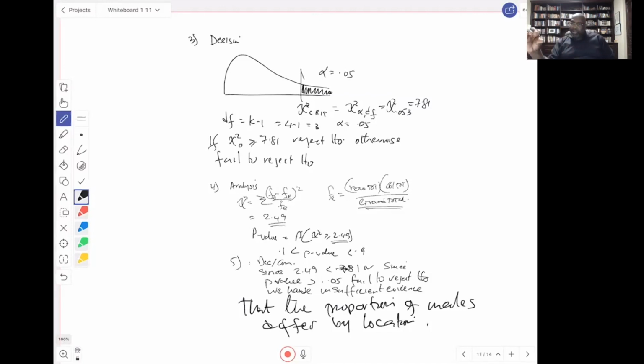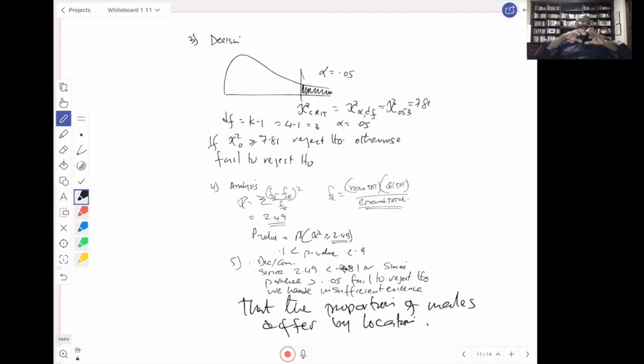So you have an overall proportion for males multiplied by each sample, and you get the expected number of males in each. Then you have the overall proportion of females multiplied by each sample, and you get the expected frequency for females for each of these samples.